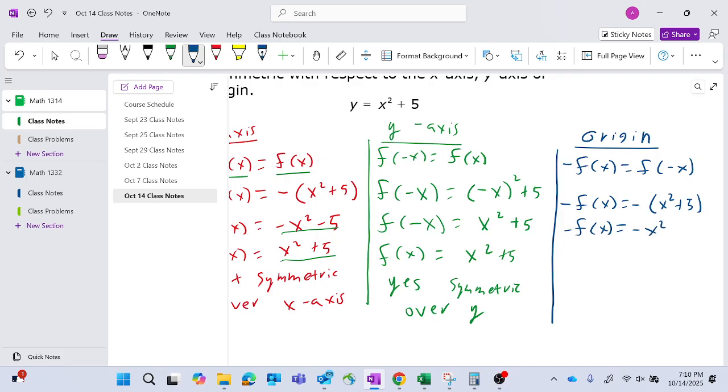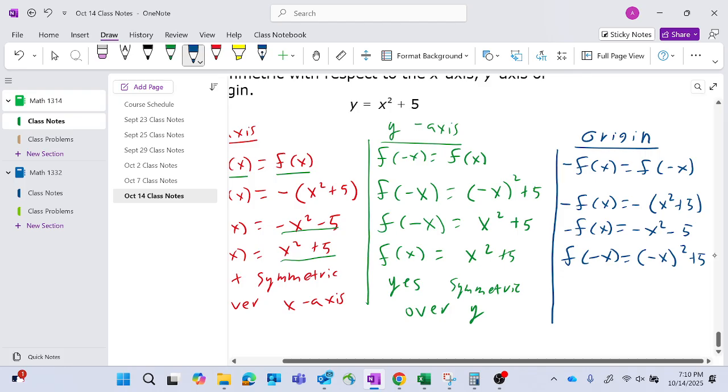Or negative x squared minus 5. Then f of negative x will be negative x squared plus 5, which we just saw is just x squared plus 5.